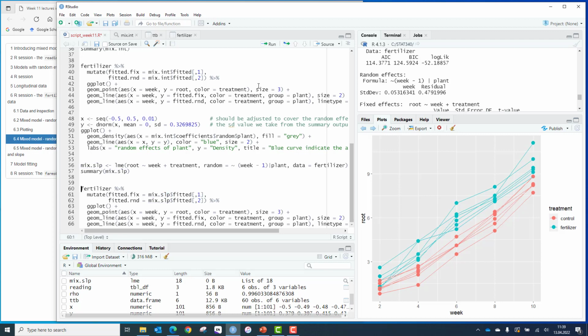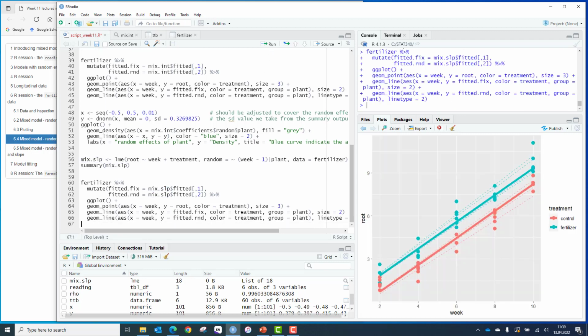But apart from that, it's the same code really. And now the plot looks slightly different, because now you can see that all the fixed effects are more or less the same, but the random, the dotted lines, the broken lines, they now sort of come from the same intercept, but they have different slopes, so they grow more and more away from each other, right, as time goes.